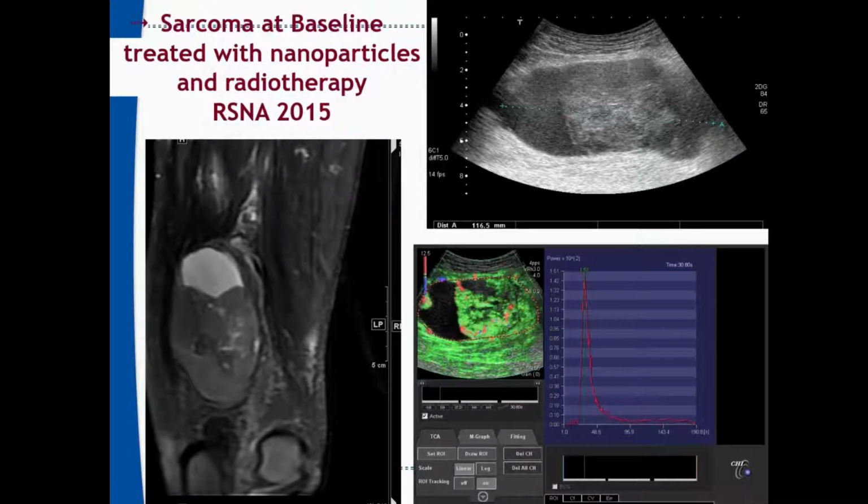And this is an example that we presented in RSNA, with a comparison with MR and this AUC. So this is a sarcoma treated with a nanoparticle combined with radiotherapy. So this is a necrotic area here, if you compare before treatment.